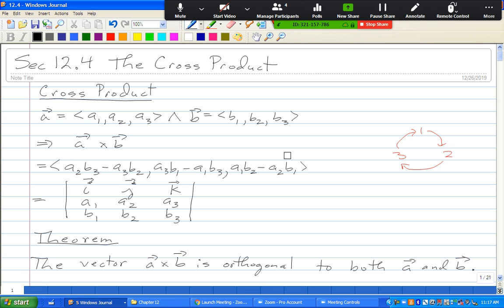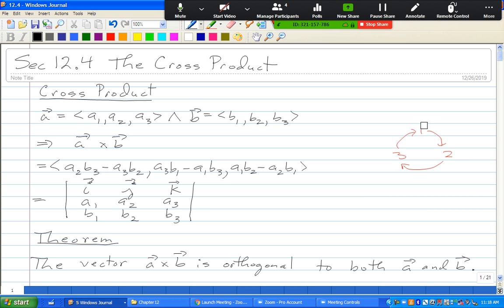You can think of this by analogy as the determinant of a matrix where the first row is the vectors i, j, and k, the second row is the components of A, and the third row is the components of B. And then this would give you the same definition.